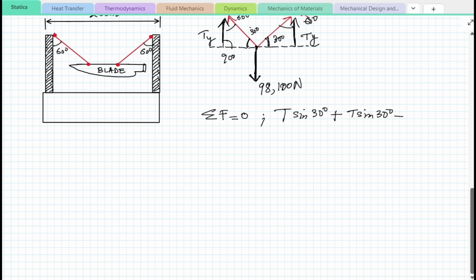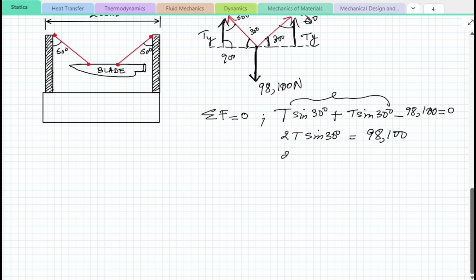And then minus 98,100 should be equal to 0. We're gonna solve for T. So this will be equal to 2T sine 30 degrees. We just add this up is equal to 98,100.